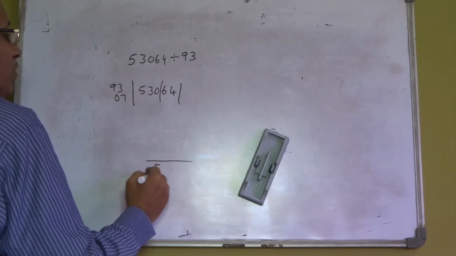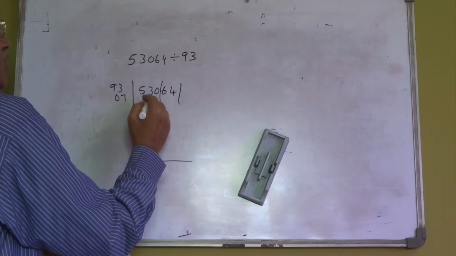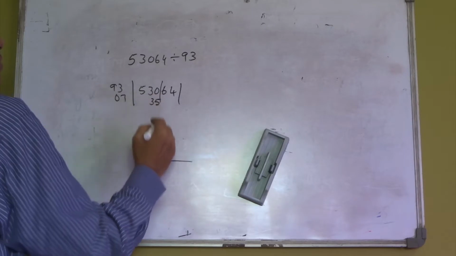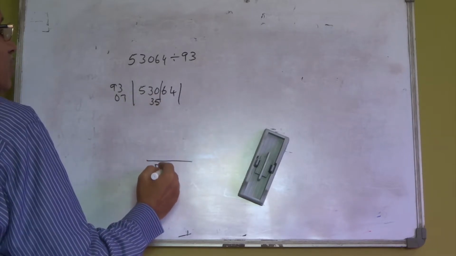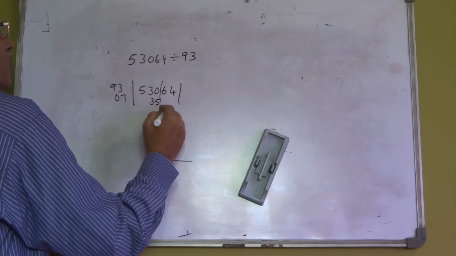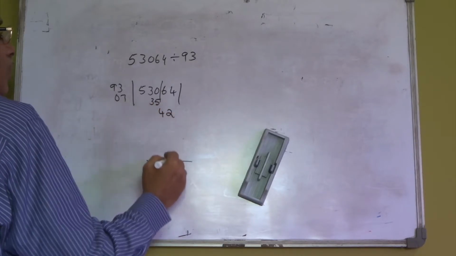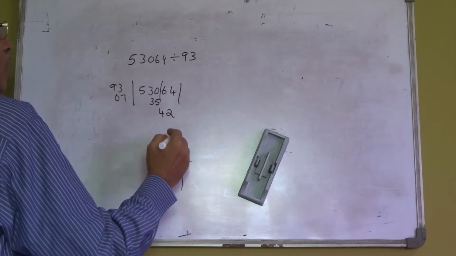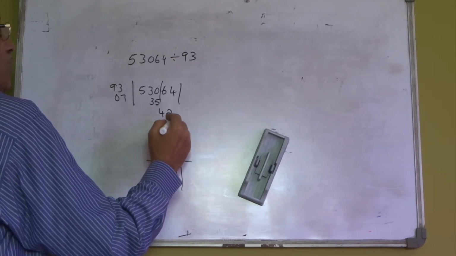First number 5 by 0 and 7, so it will be 35. Then 6 by 7 is 42. Then 5 plus 6 is 49 wait, 9 by 7 is 63.